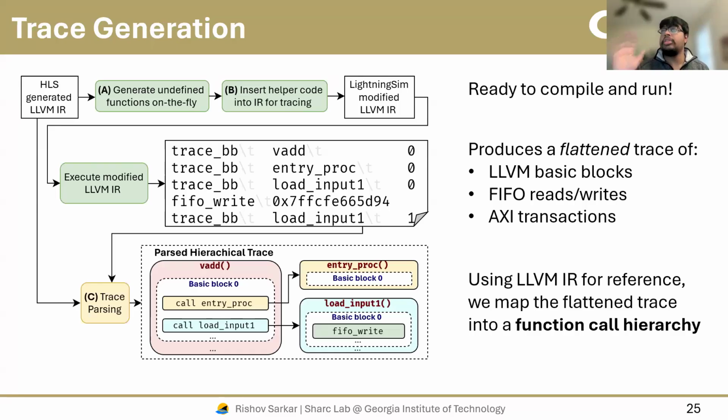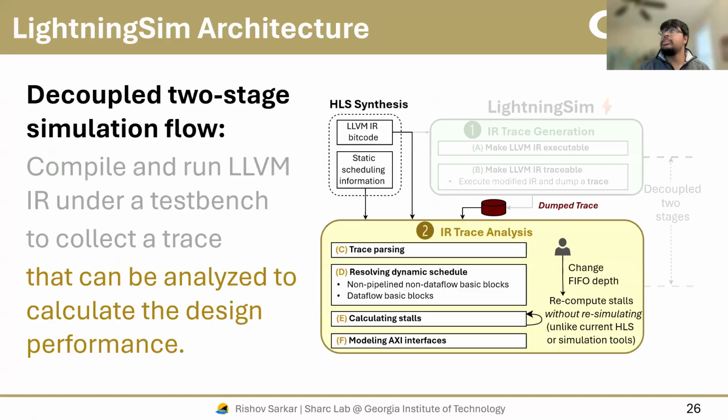Then, using this flat text file, I look at the LLVM IR and map this into a hierarchy. I say, okay, this basic block belongs to this function, and within that basic block we have a call to a different function, and I organize it into a hierarchy for parsing and analysis down the line. So that's the trace generation part.